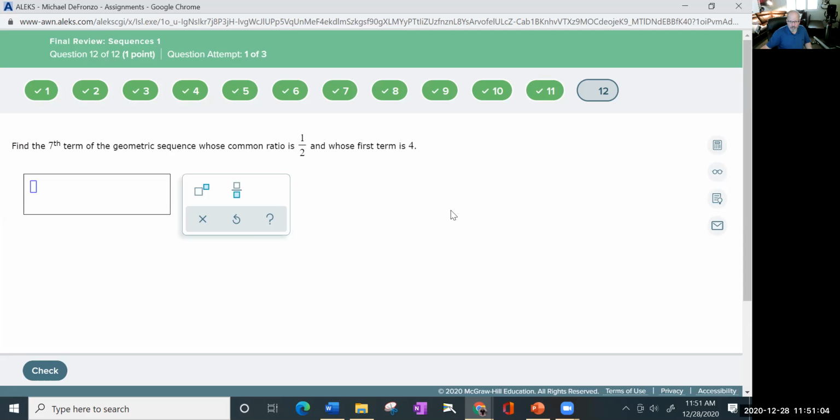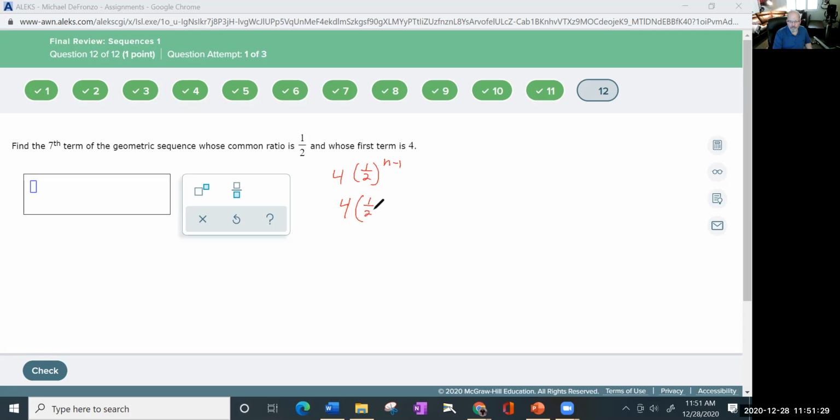Seventh term of the geometric sequence whose common ratio is 1/2. First term is 4. So since we're looking for first term times the multiplier raised to the n minus 1 power, in this case, we're looking for the seventh term.